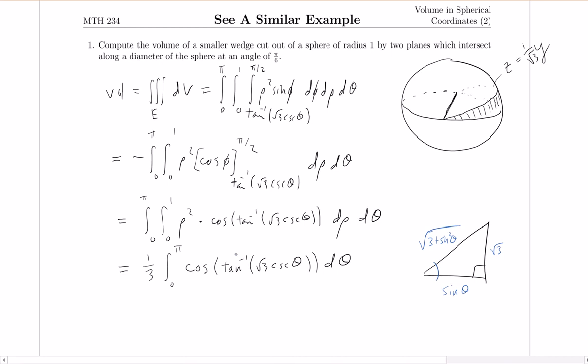Remember, this in blue is the angle in that triangle, and we want the cosine of that angle, which by basic trigonometry is the adjacent side divided by the hypotenuse. So here the adjacent side is sine theta, and the hypotenuse is this thing with a square root. Okay, so this looks very different, but it's actually equal to what we have written above.